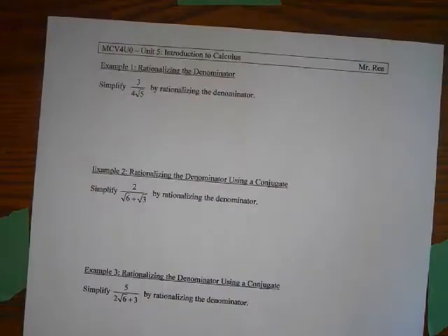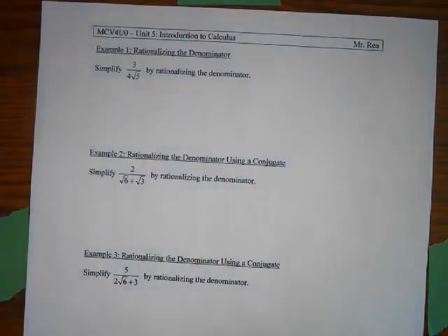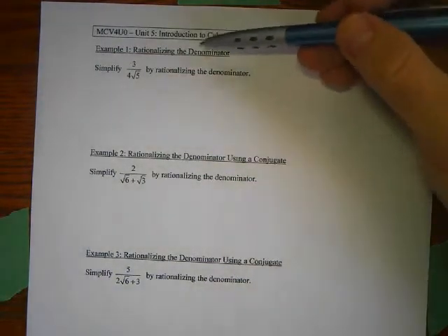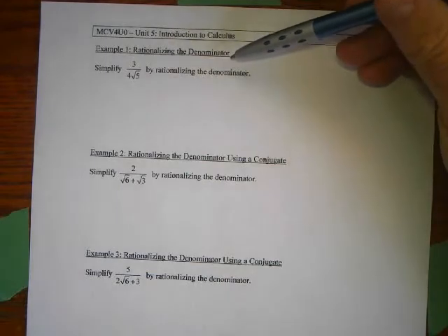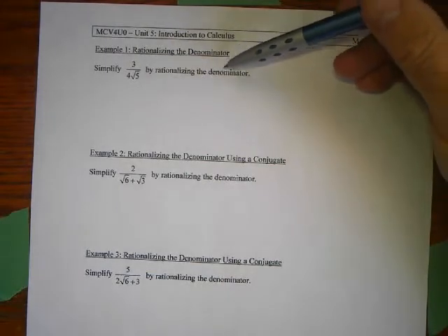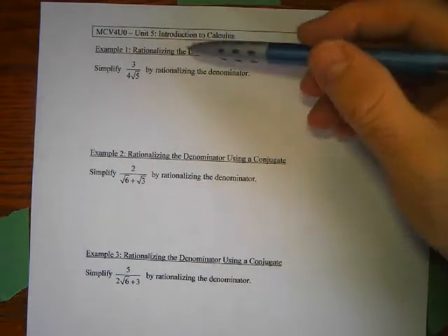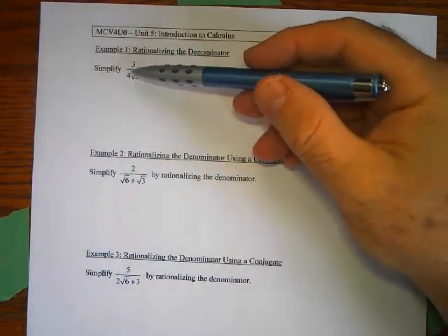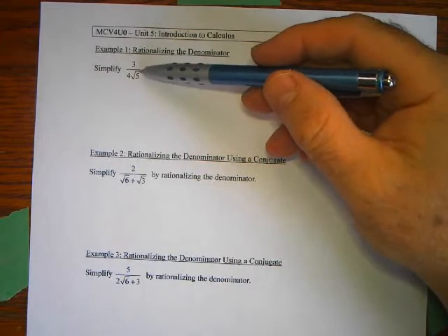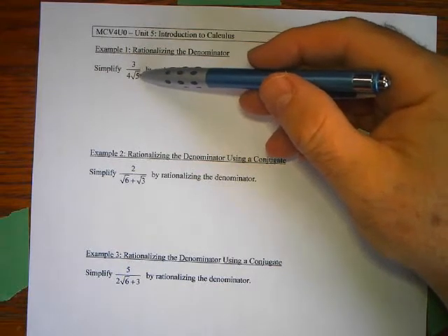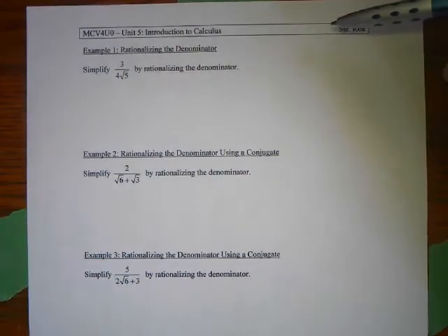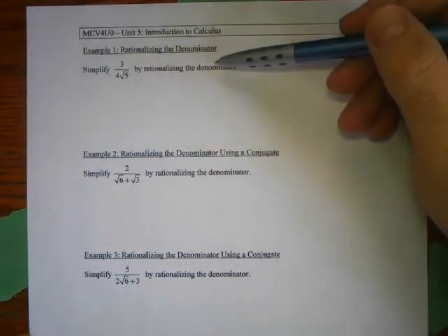So I'm taking the second page of the first lesson, and if you remember this phrase, rationalize the denominator, okay? What that means usually is we have some kind of rational expression that has a radical or a root on the bottom, and mathematicians really don't like that. So what we try to do is rationalize the denominator.